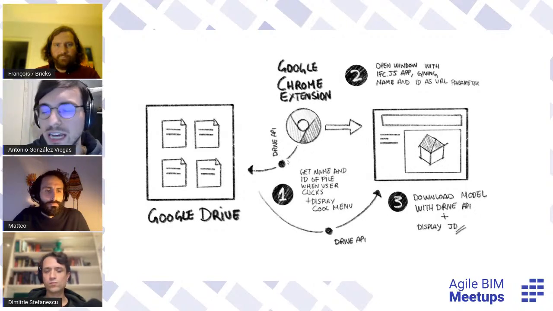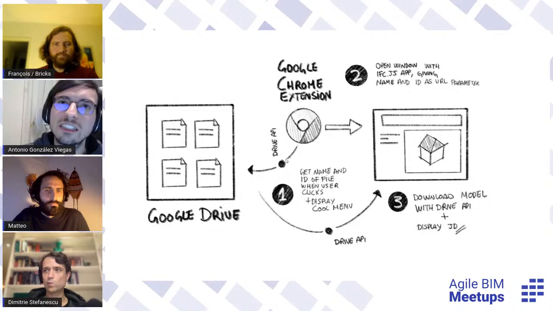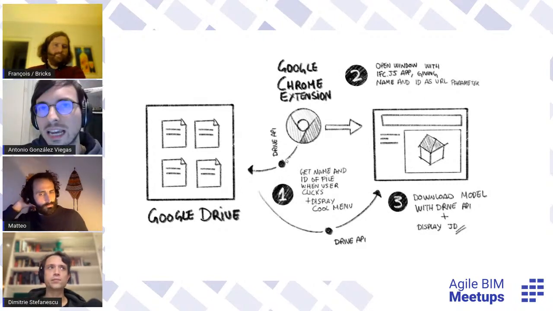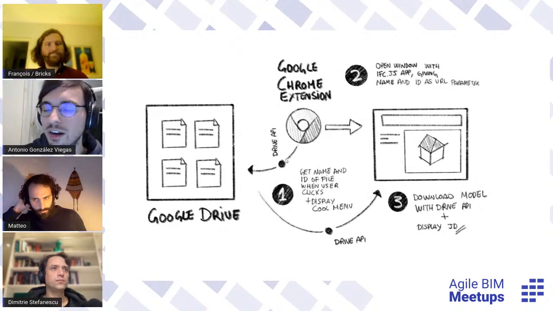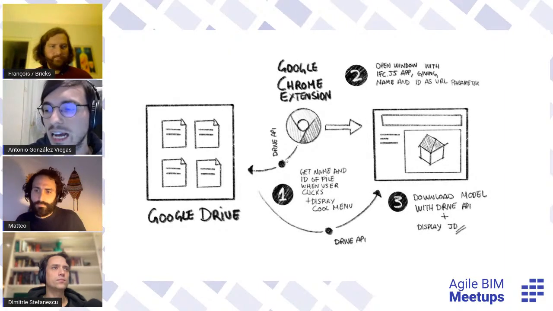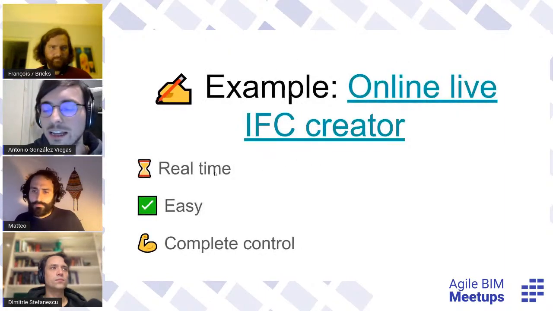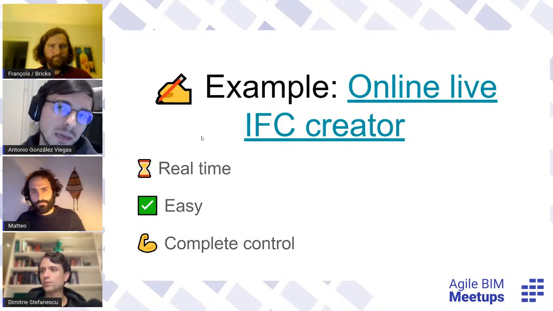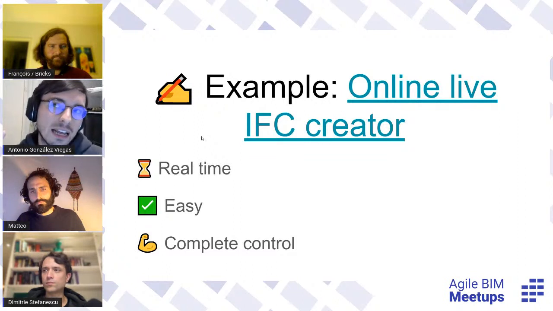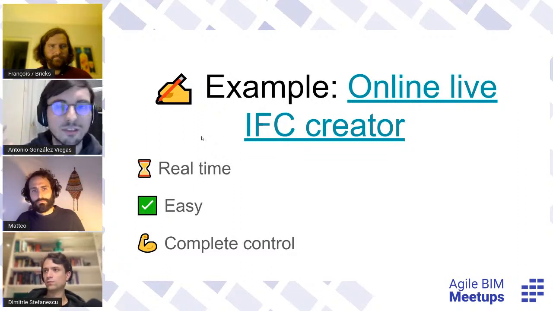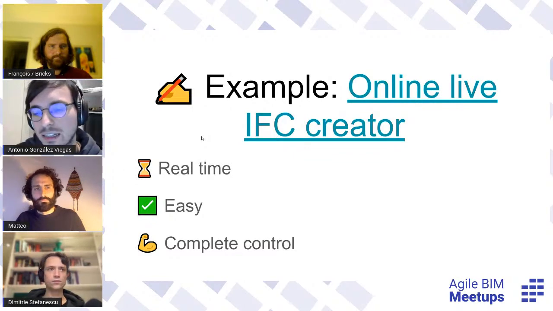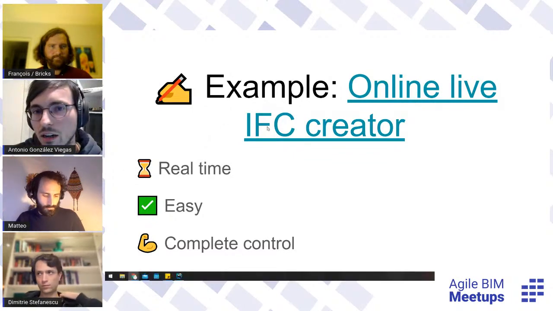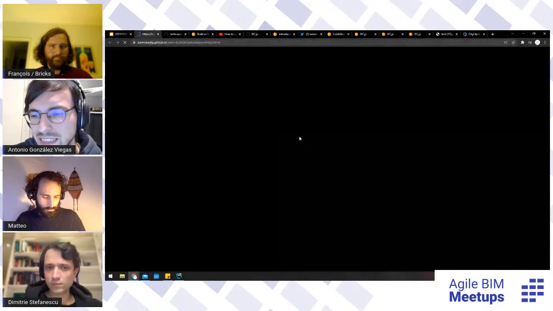We would be able to select what information each user sees, depending on the role that they have in the Google Drive folder. The possibilities are endless. And this is the power of this, right? In the end, we are just making the first steps of creating a BIM application, and then other people can come and use this to create whatever they think of. The possibilities are endless.